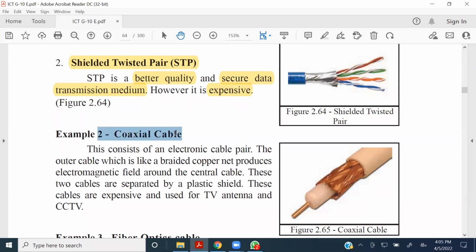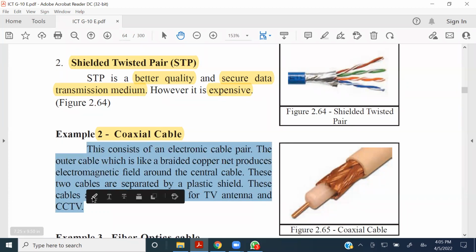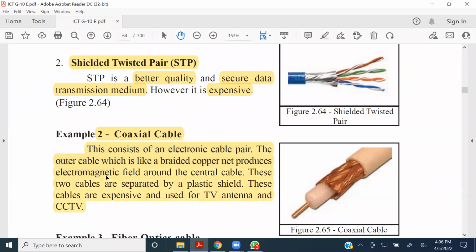So the number 2 is the coaxial cable. It's better you write the entire thing, first just explaining how the wire is.